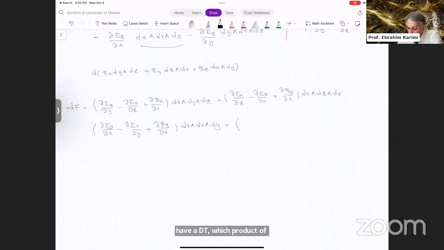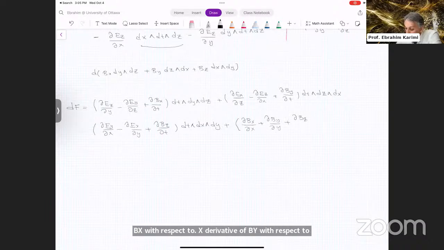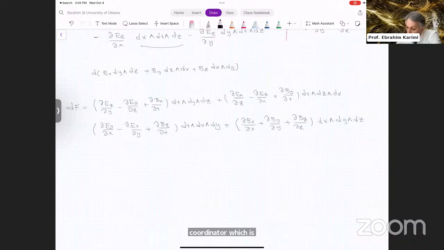And finally, I have another term, which is the derivative of B_x with respect to x, the derivative of B_y with respect to y, plus the derivative of B_z with respect to z, and now it is the coordinate term, which is dx, dy, and dz, which is equal to 0.